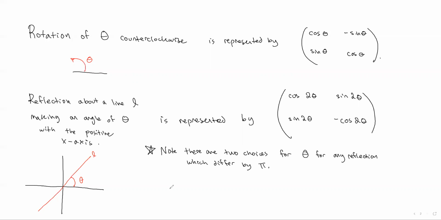And I'll draw a picture to show you what I mean. So if I have this line L, I could choose this to be my angle theta, but I can also choose this to be my angle theta.